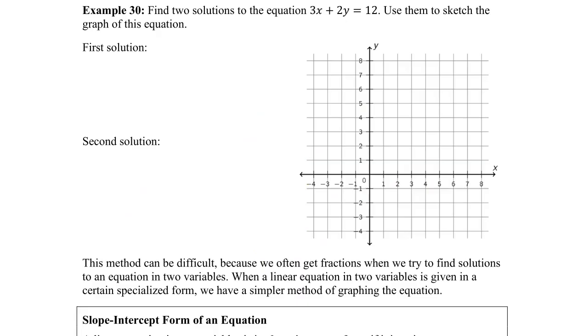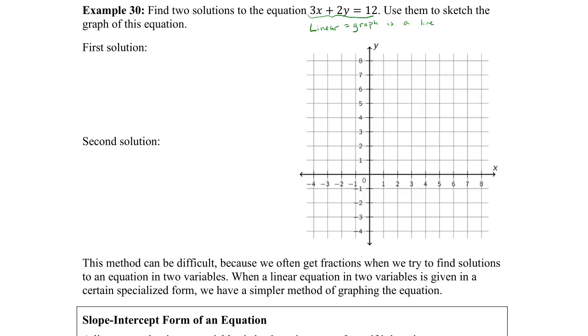In this example, we're given the equation 3x plus 2y equals 12. We're asked to find two solutions to this equation and use that to draw the graph. And we notice that this equation is linear, so its graph is a straight line.